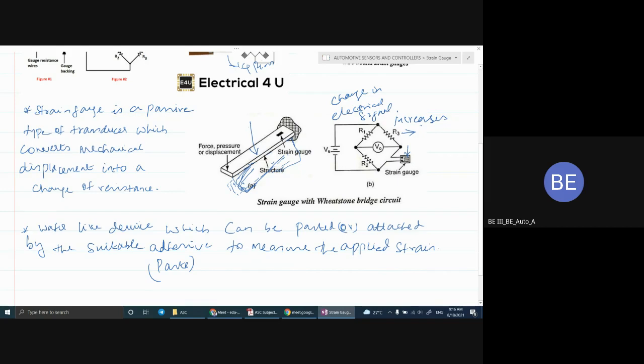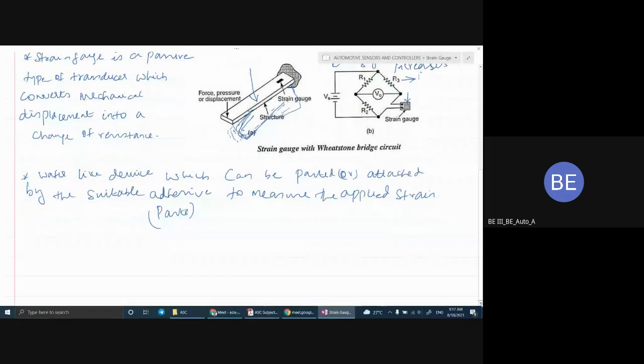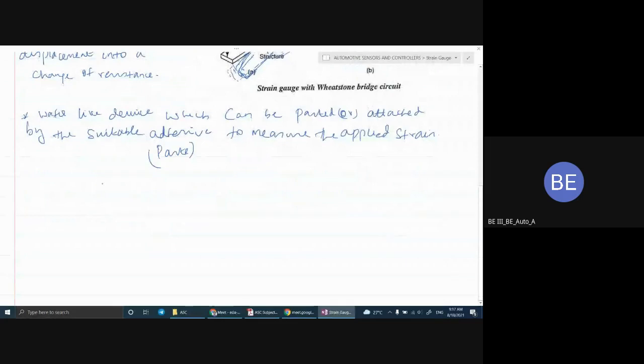Suppose this strain gauge is used for measuring very high change in resistance. Have you ever heard about the term called Wheatstone bridge? I think you all might have studied in physics. Yes, sir, Wheatstone bridge. In the Wheatstone bridge the same circuit will be here.